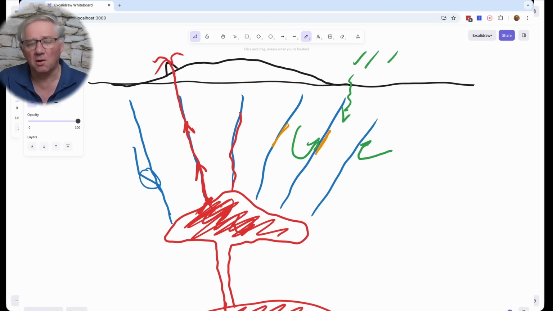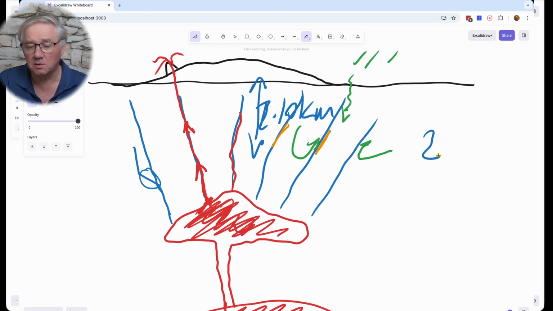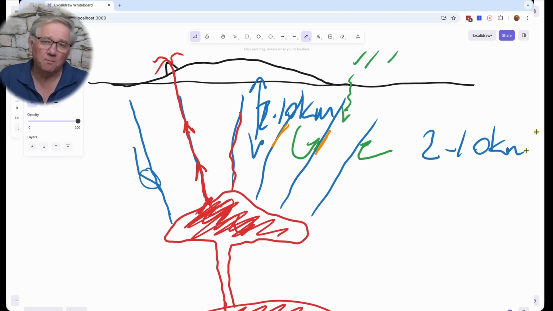But for when that time occurred, the difference from here to where the mineralization occurred was roughly about 2 to 10 kilometers deep. So 2 to 10 kilometers. That's a long way down. Almost all of our gold mines do not go down to that depth. Most of them are in the sub-kilometer range, maybe a bit more.